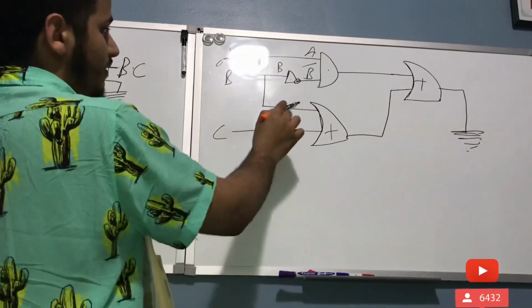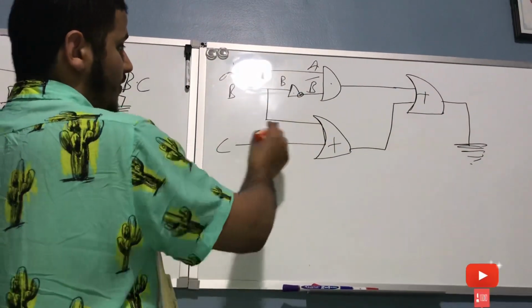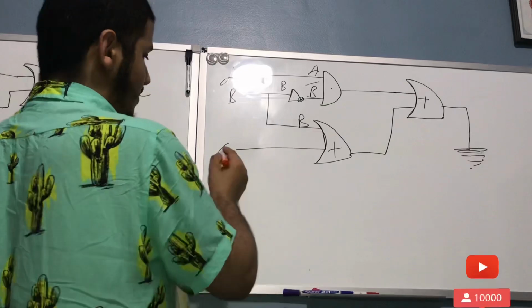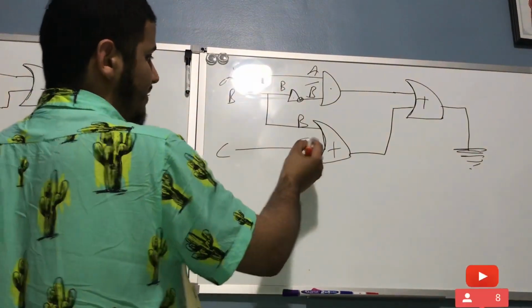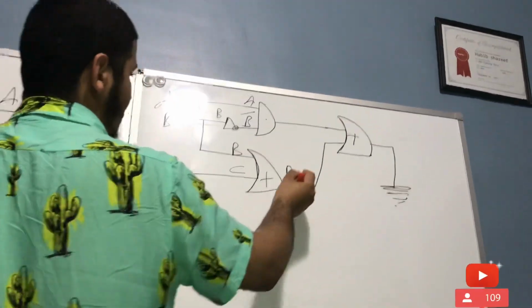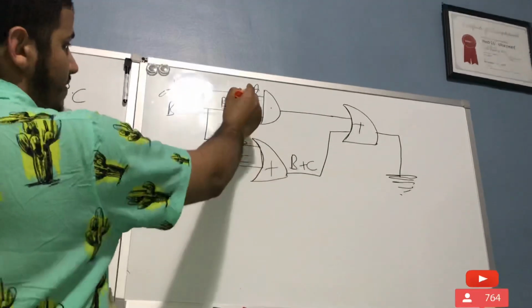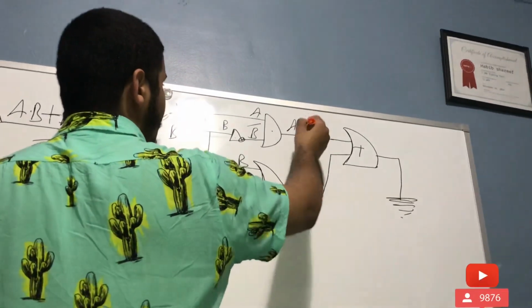And this line doesn't convert, it comes from here. It does not touch the converter. It will be B, and this one will be C. So B plus C, and this one will be A times B converted.